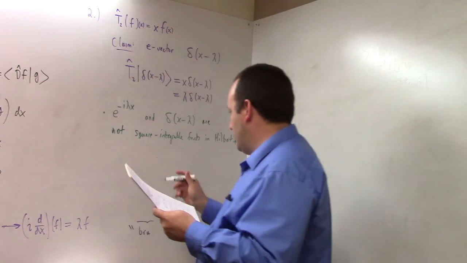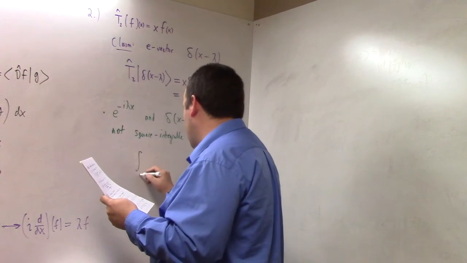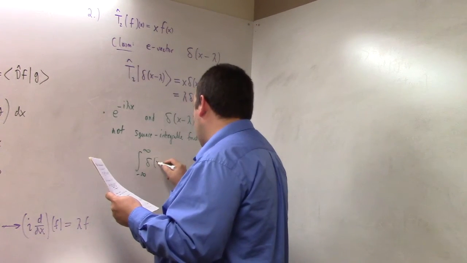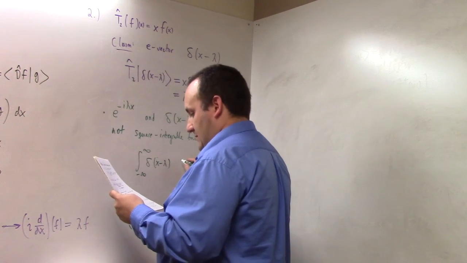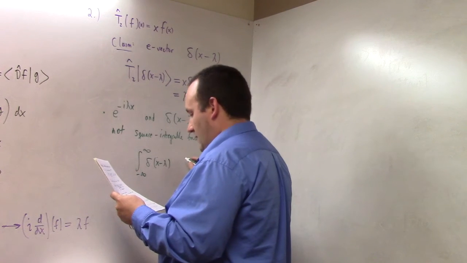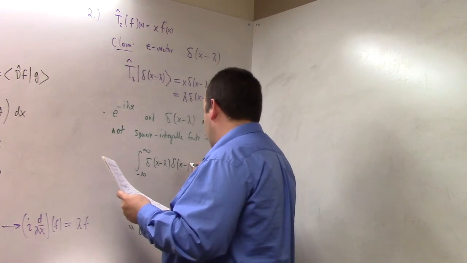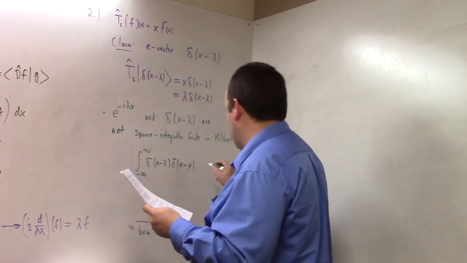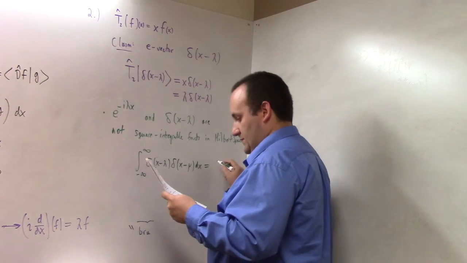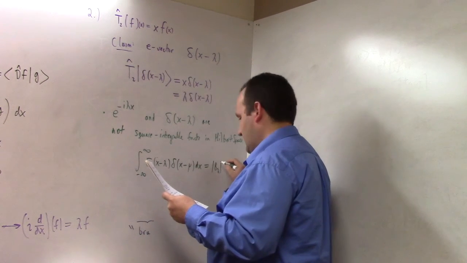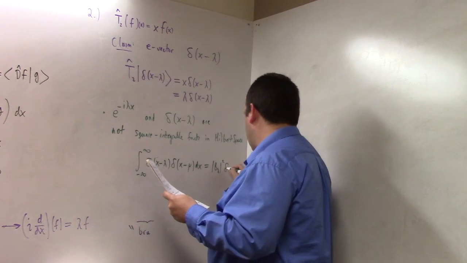But there's still well-defined mathematics here. The integral from minus infinity to infinity of Kronecker delta x minus lambda times Kronecker delta x minus mu dx is equal to b lambda squared Kronecker delta.